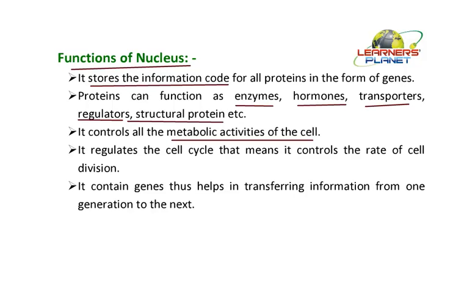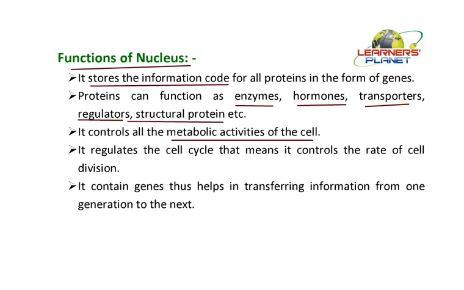Like we can say which substrate is needed, which enzyme is needed. All these enzymes, substrates and regulators are produced by the genes only. So we are saying they are controlling all of the metabolic reactions of the body.